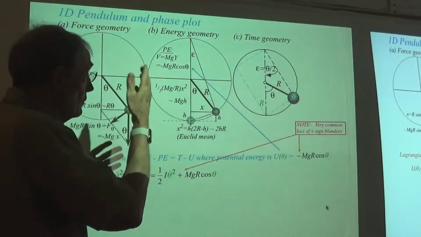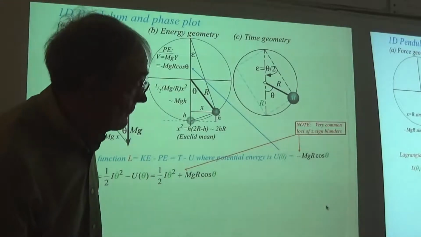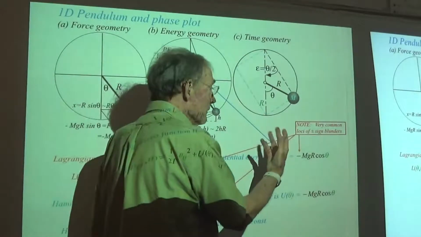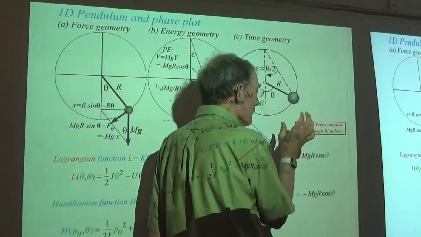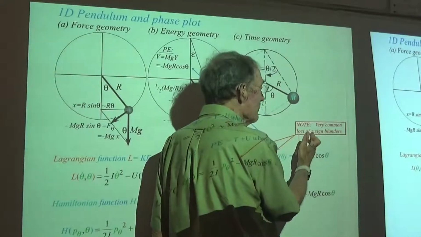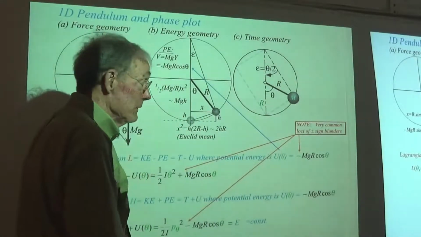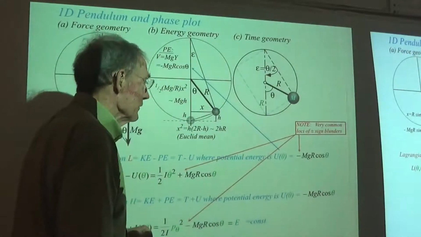But whether you use Hamiltonian or Lagrangian, that's not such a big deal, really. But you've got to be careful, because there is this incredible common locus, or loci, plural of locus, of plus and minus sign blunders. The first one might be that you don't put the minus sign on the potential when you have a cosine theta there.